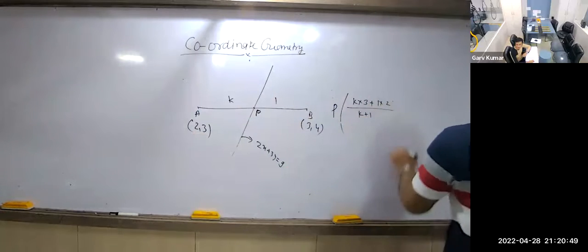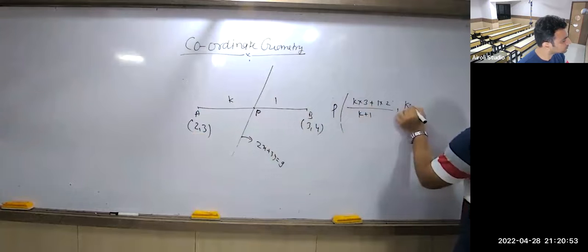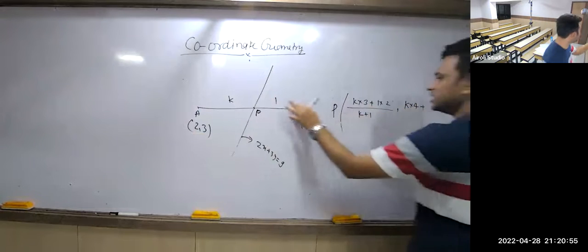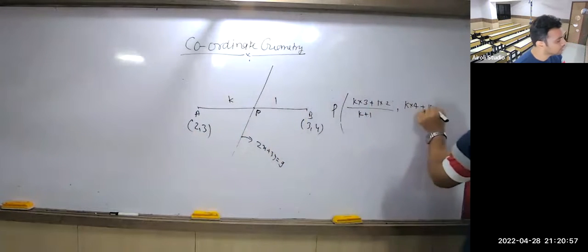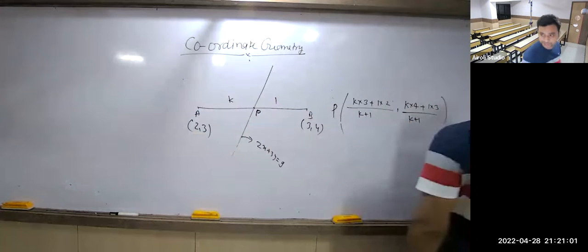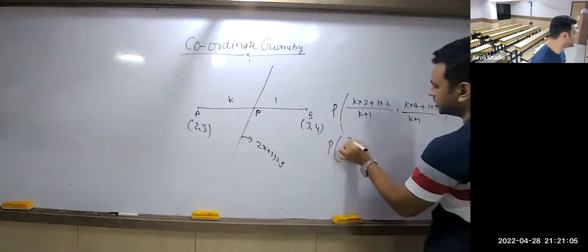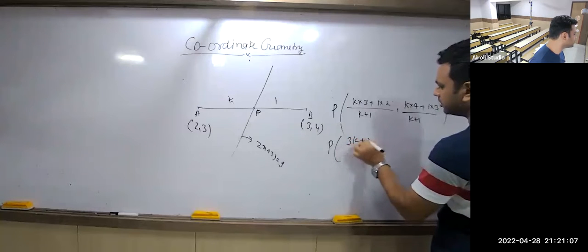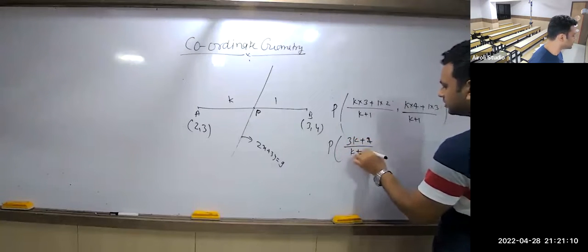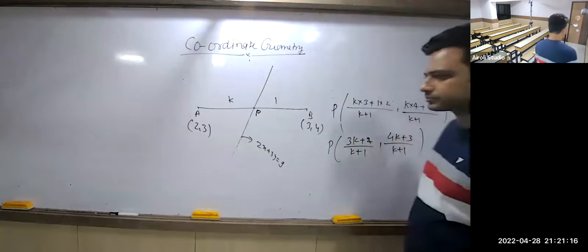For y also, k times of 4 plus 1 times of 3 upon k plus 1. Got it? So after solving, you will get 3k plus 2 upon k plus 1 and 4k plus 3 upon k plus 1.